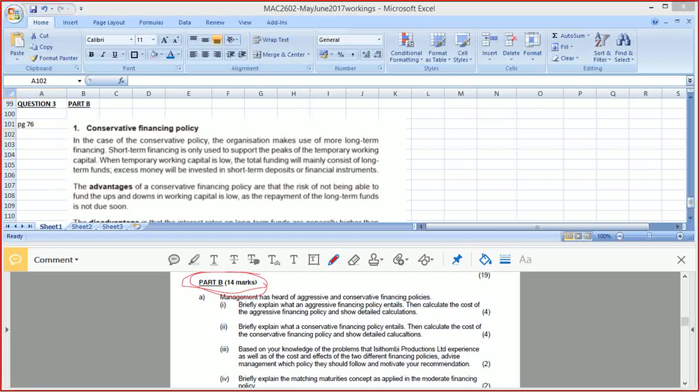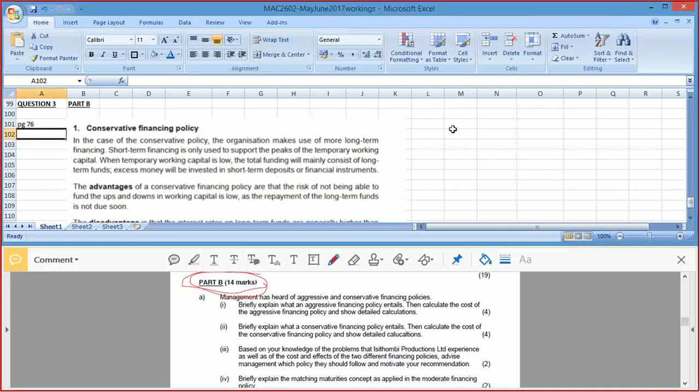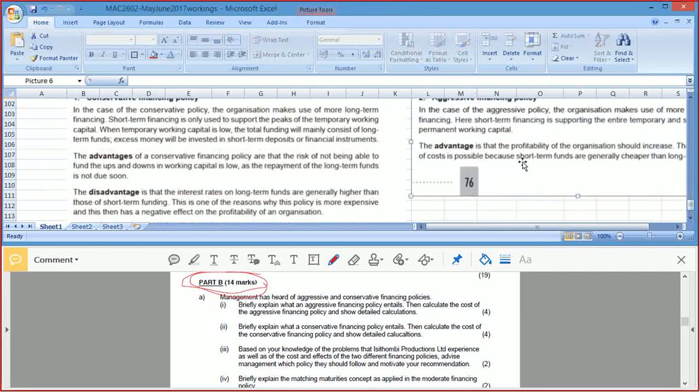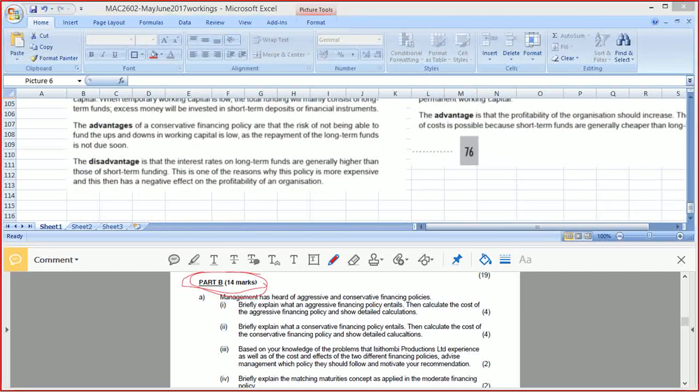Okay, aggressive is at the bottom of that. So aggressive starts here. That's conservative, this is aggressive. See that? Yes, sir.